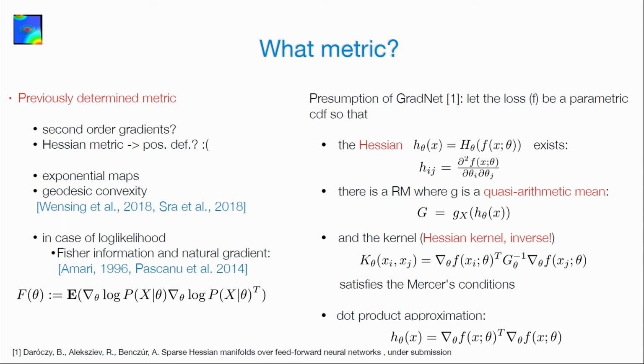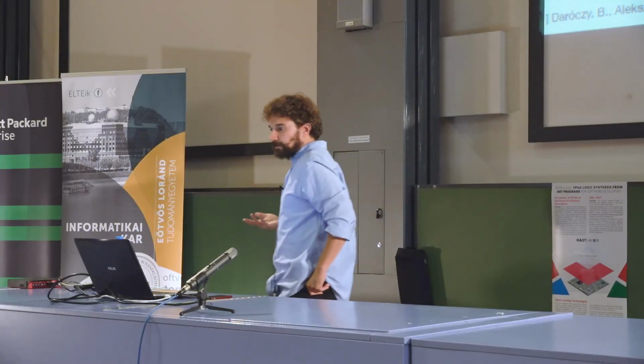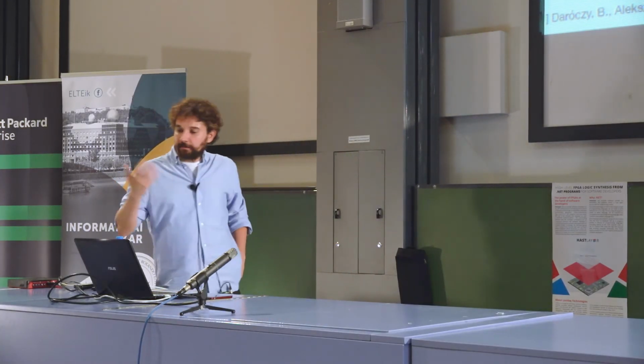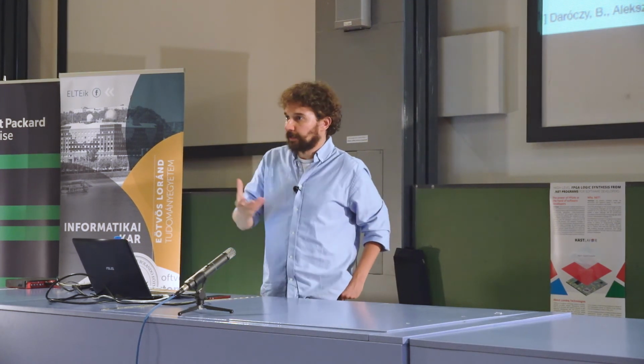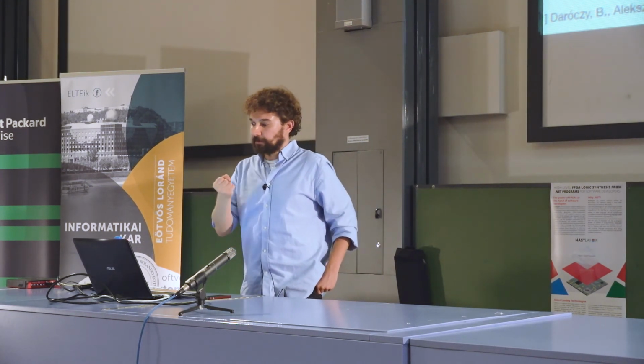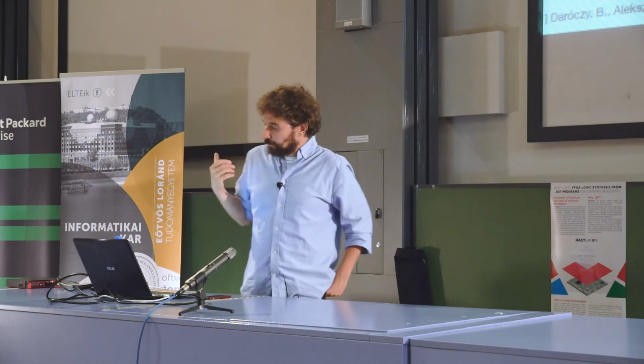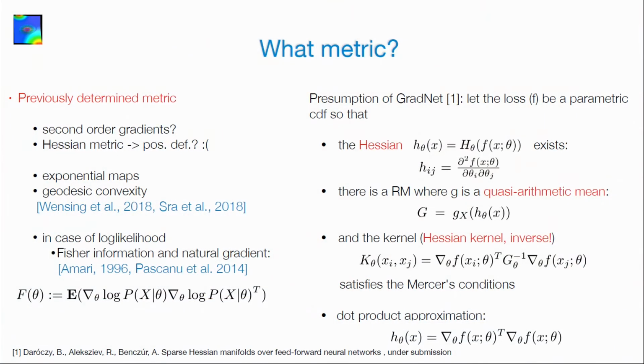We were thinking about that, and obviously the Hessian or the Fisher are ideal for a lot of things. Why? Because the second order gradient can be used to normalize the gradients to optimally go where we want to go. But how? So what will be the metric?